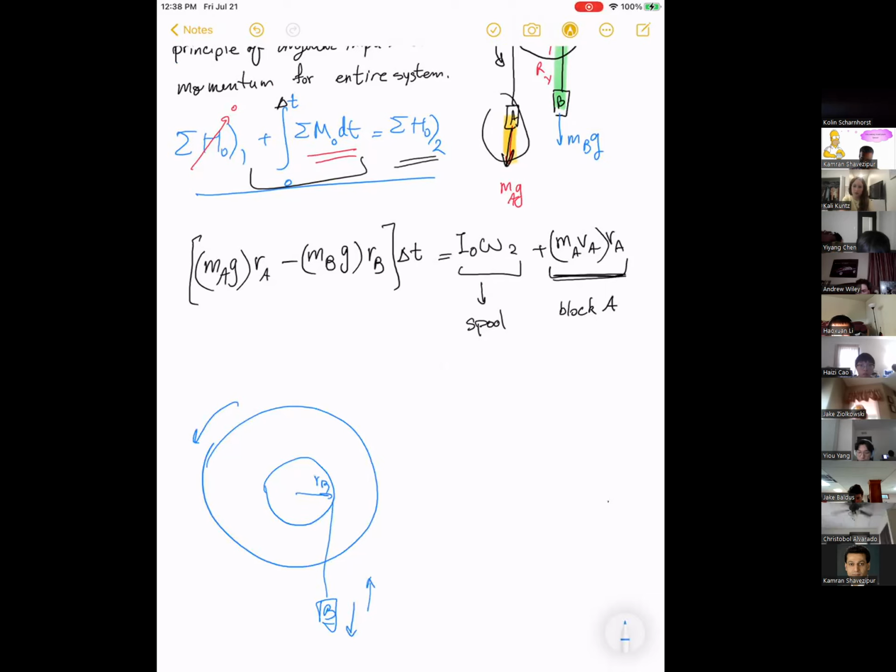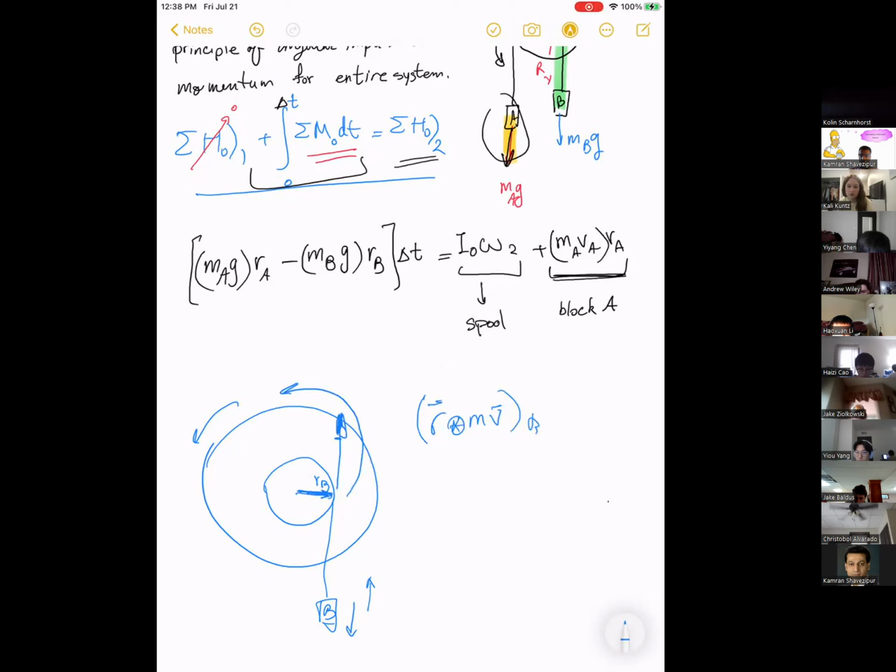Goes up. So technically, if you want to get that cross product R cross MV for B, this is your velocity, this is your radius. What kind of rotation does this create? Same way, right? So technically B goes up, but because it's in the opposite direction, it creates the same angular momentum. The sign is the same.